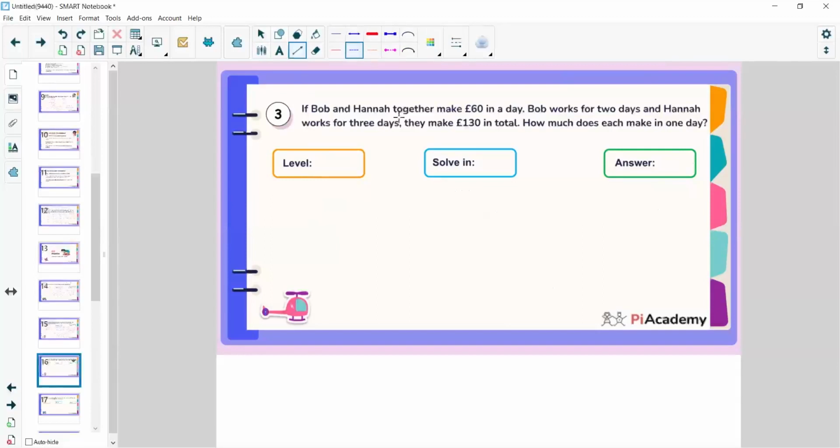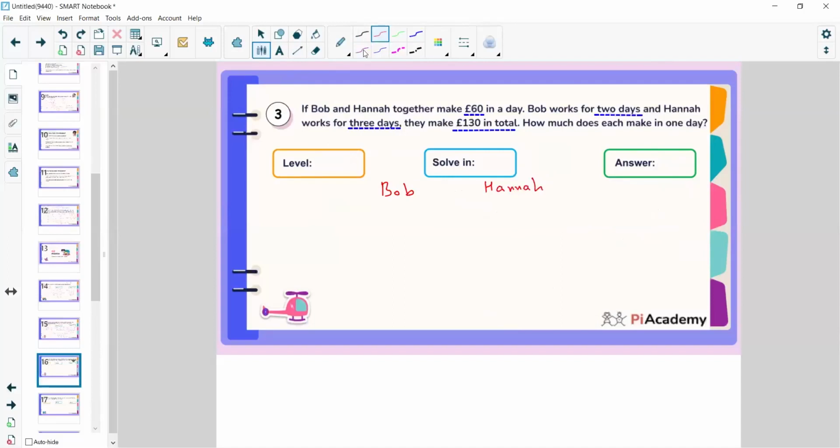If Bob and Hannah together make 60 pounds in a day, Bob works for 2 days, Hannah works for 3 days, and they make 130 pounds in total. How much does each make in 1 day? Right? Now, what can be done? You got 2 people over here. One is Bob, and the other one is Hannah.